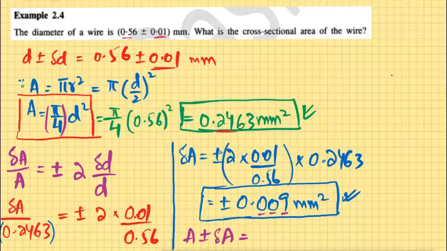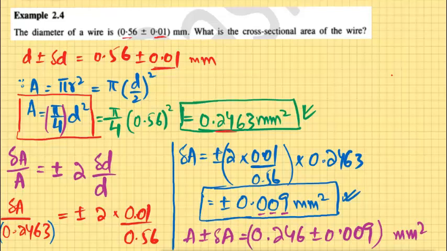So my final answer should also be in 3 decimal places. Rather than writing 0.2463, I will round it off to 0.246. I will not write the 3 further. Why? Because now the answer is in 3 decimal places, plus minus 0.009, and the unit is millimeter square.